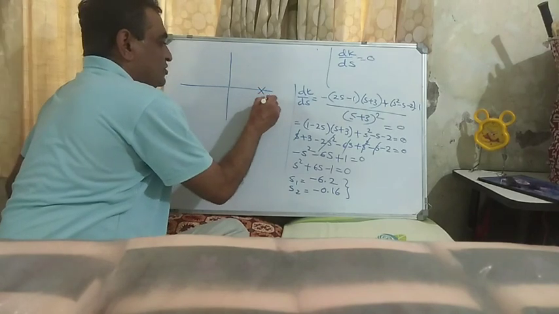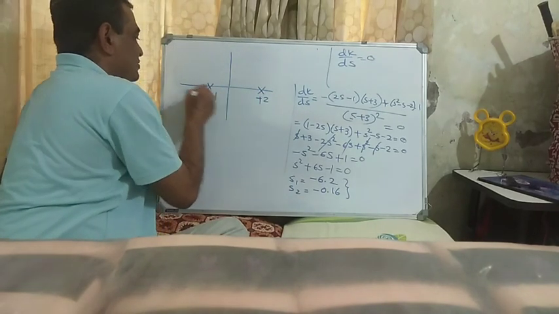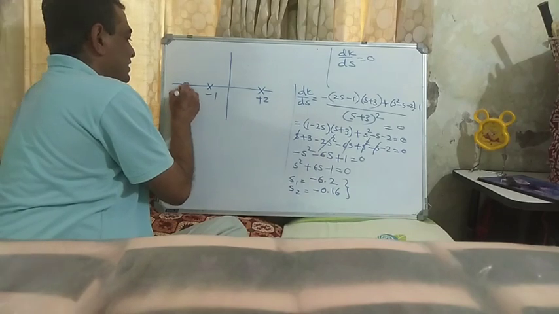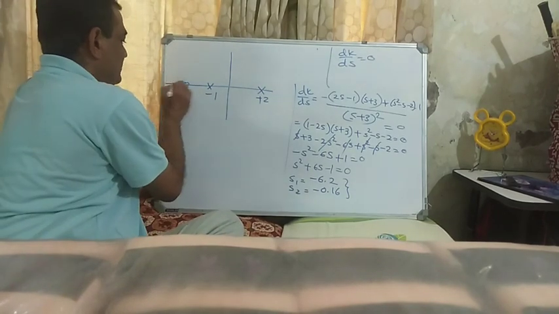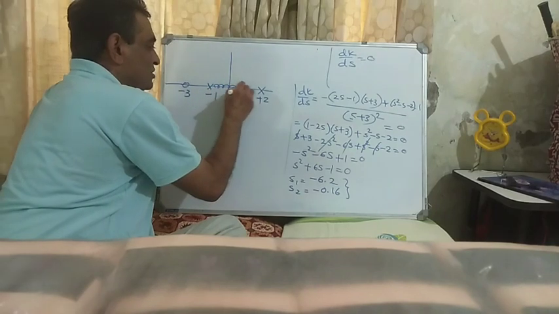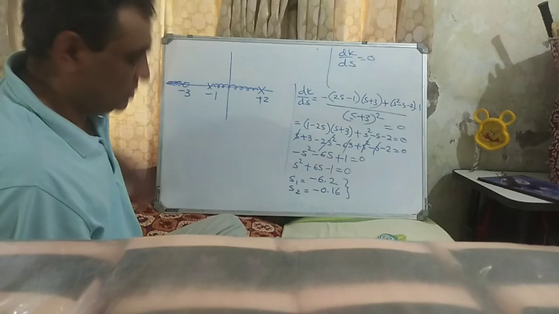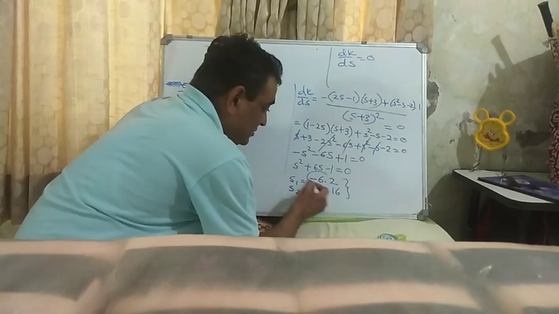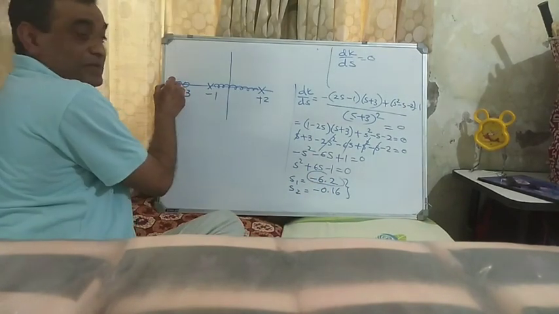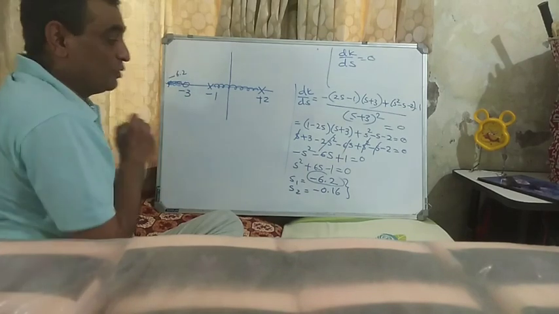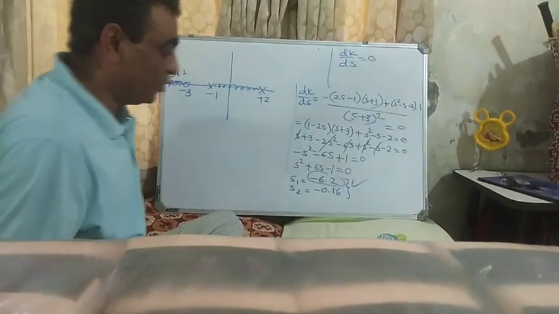There is minus 2 or plus 2, minus 1, and this was minus 3, this was 0. So this was part of the root locus, this is also a part of the root locus till infinity. So minus 6.2 is somewhere here, it is a part of the root locus, so definitely this is a breakaway point.